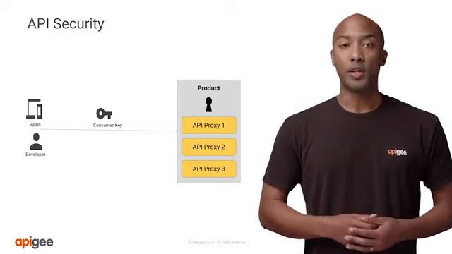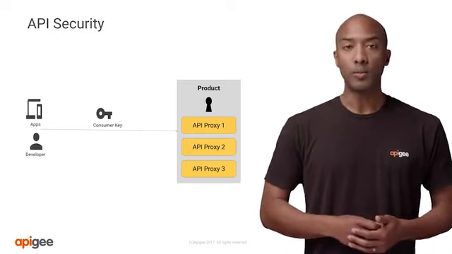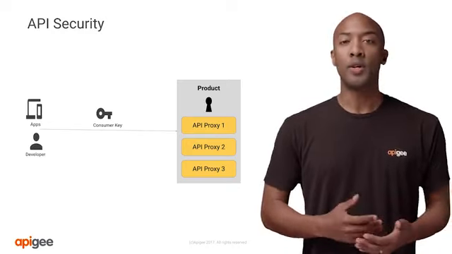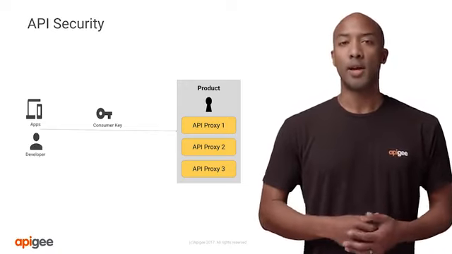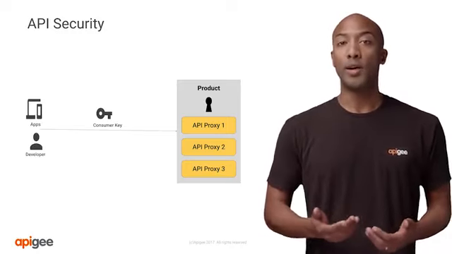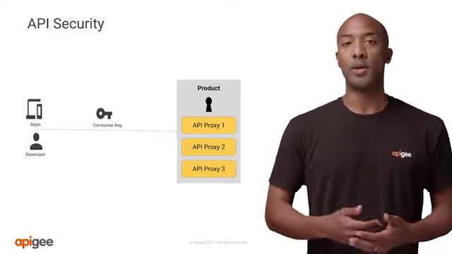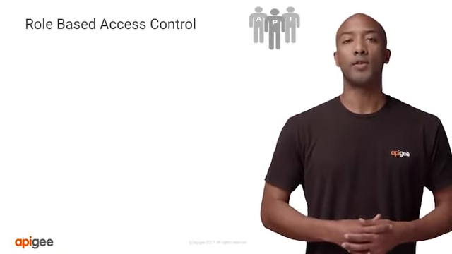An app developer can include one or more products into a developer app. Once they have a developer app, they will receive an API key and a secret. The API key is also known as the consumer key, and the consumer key and secret will allow an app developer to access your API. Now we'll discuss the key terms for proxy security.